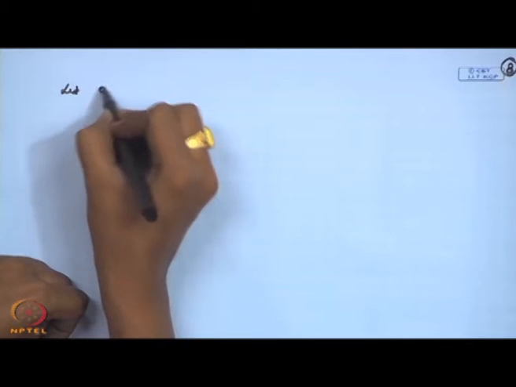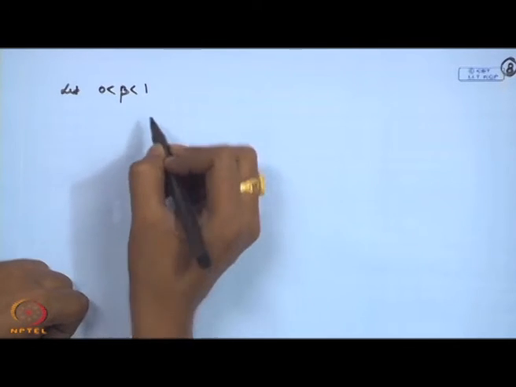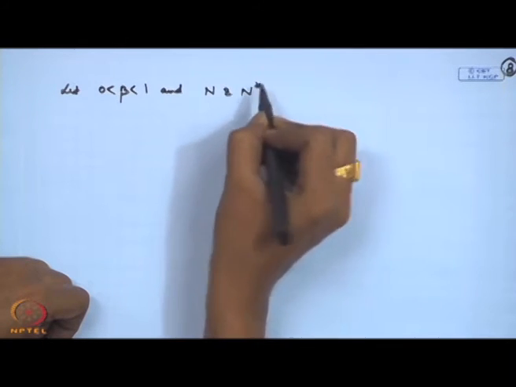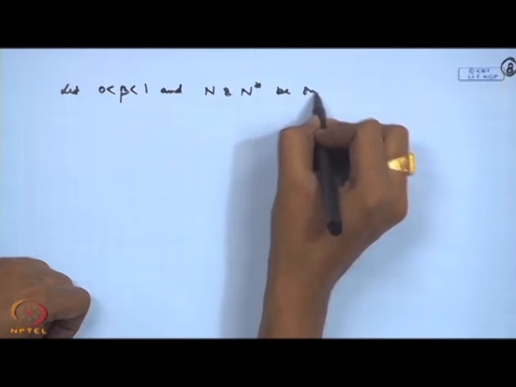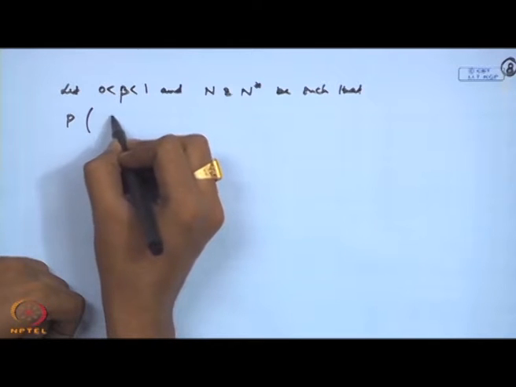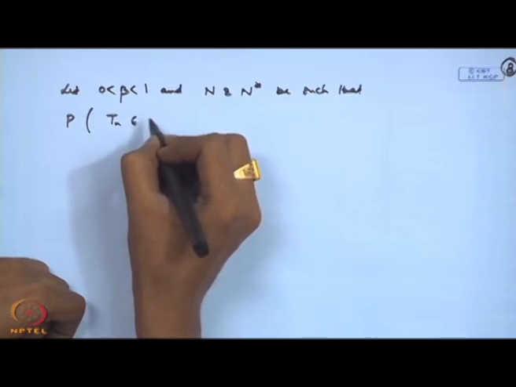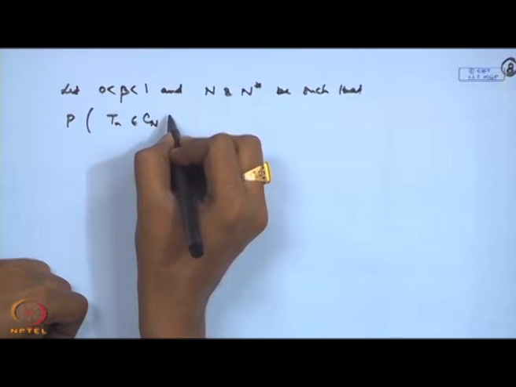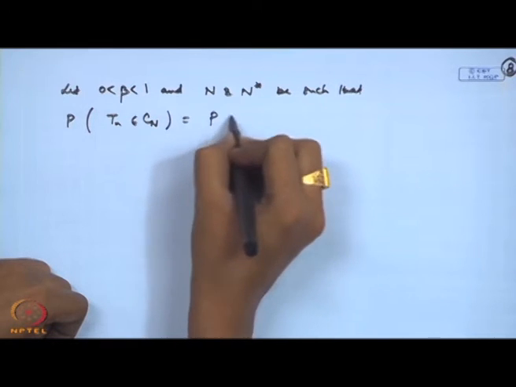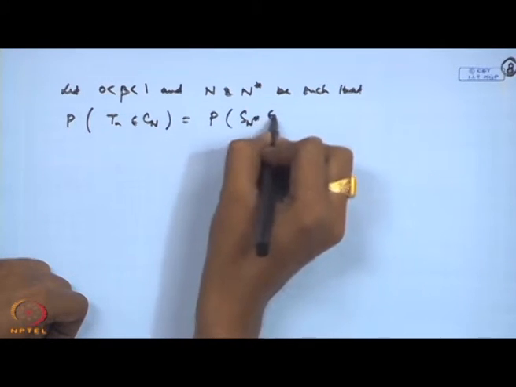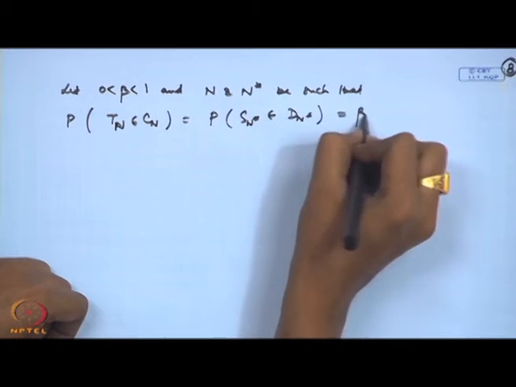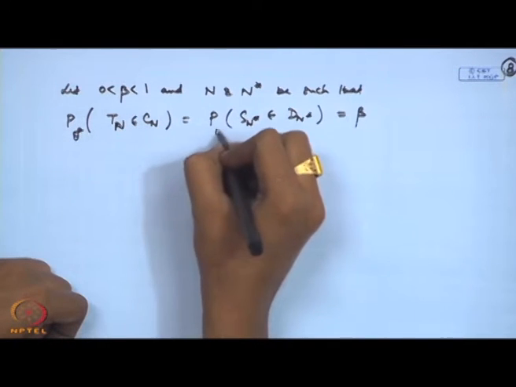Let us fix a power, say beta, and suppose we require n and n star as the sample sizes. That is, the probability of Tn belonging to Cn star is equal to beta under some value, say theta star.